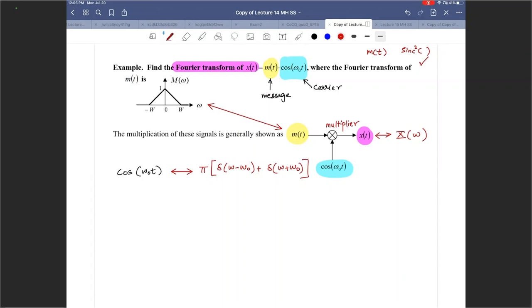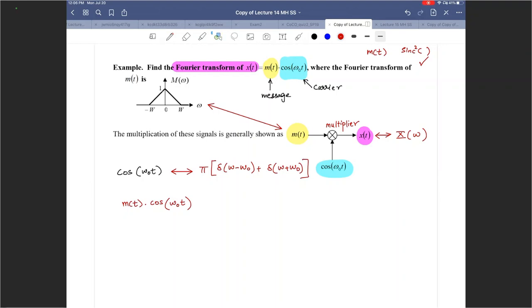And I also know the Fourier transform of m of t. It's a triangle that's given to us. All right, so let's try to multiply them. On the time domain side, I have m of t multiplied by cosine omega naught t.